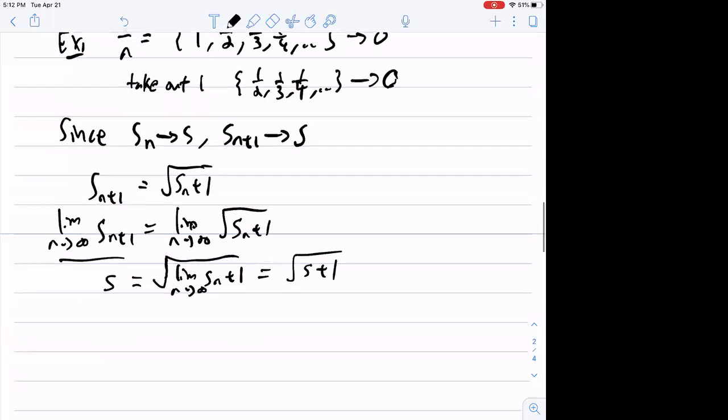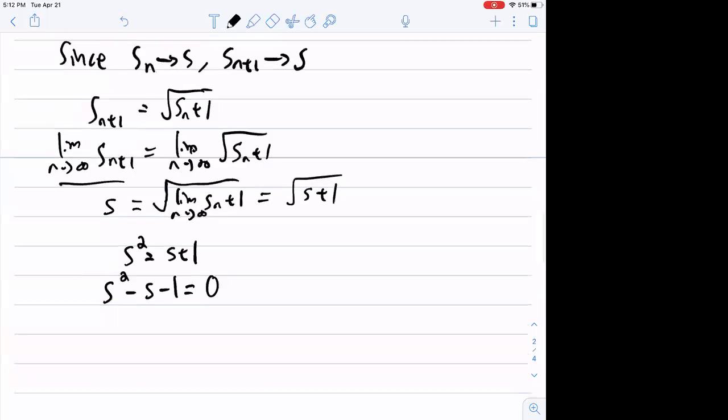So here, let's square it. So I get S squared equals S plus 1. So S squared minus S minus 1 is 0. And then your quadratic formula, right?